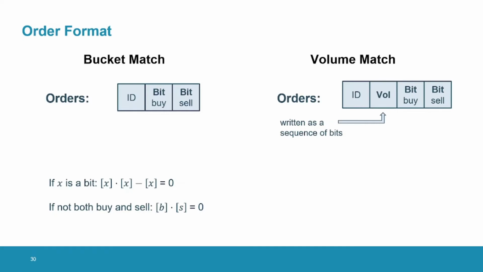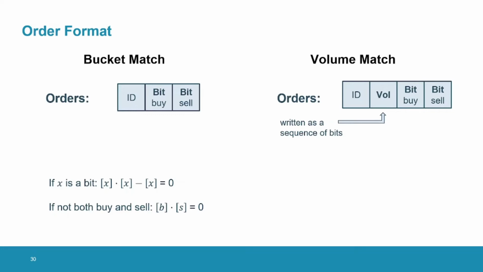Then there's another check that we need to perform because although we allow orders that are neither buy nor sell, we do not allow orders that are both buy and sell. So each order will also have to pass this check, so this equality will have to hold for every order. So for every order we receive, we will check if these equalities hold, and if any of them doesn't hold, then the order is discarded.